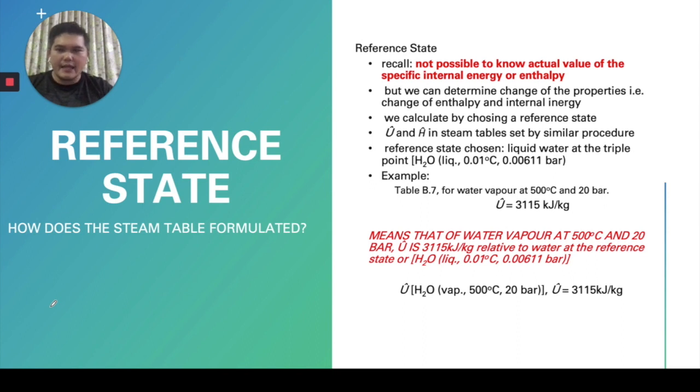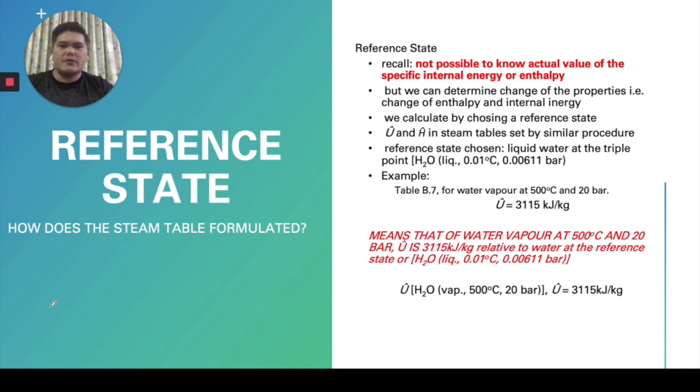It means that at that particular temperature, 500 degrees Celsius and 20 bar, the specific internal energy of 3,115 kilojoule per kilogram is relative to the reference state of water at the triple point, which is at 0.01 degrees Celsius and 0.00611 bar.